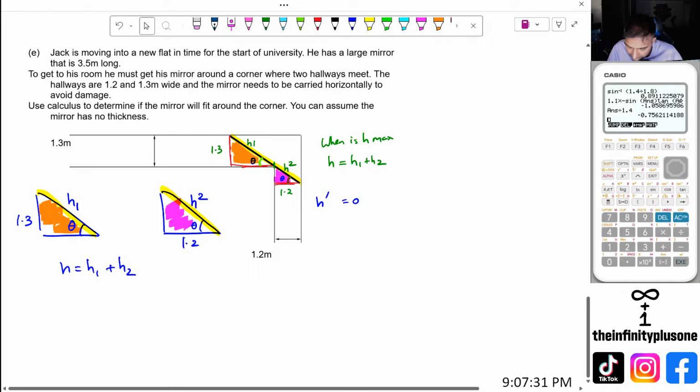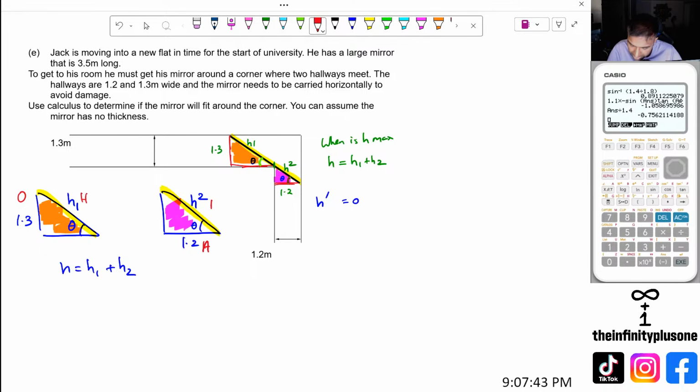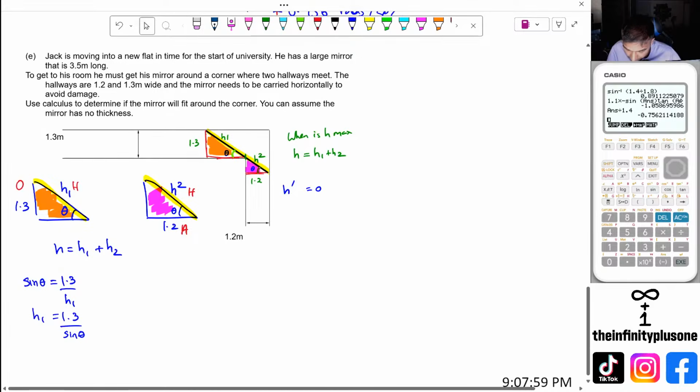So if we look at it, we need a formula for H1. For H1, that is using opposite and hypotenuse. This is using adjacent and hypotenuse. So you're going to get sine theta equals 1.3 over H1. Now if I cross multiply, I'm going to get H1 is equal to 1.3 over sine theta. I'm going to do the exact same thing as I did the last one, so this will become cosec theta.